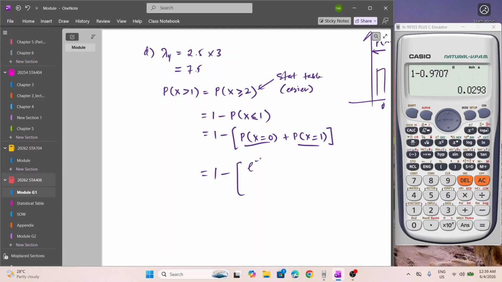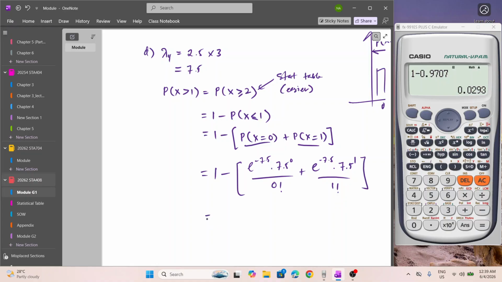So this is basically 1 minus the negative 7.5 times 7.5 to the power of 0 over 0 factorial plus negative 7.5 times 7.5 to the power of 1 over 1 factorial.